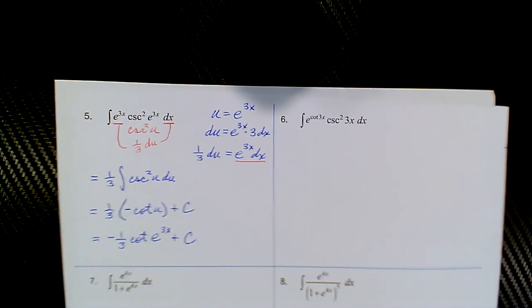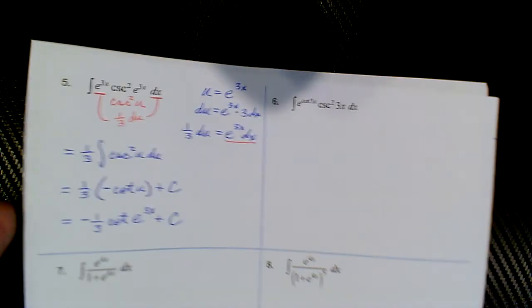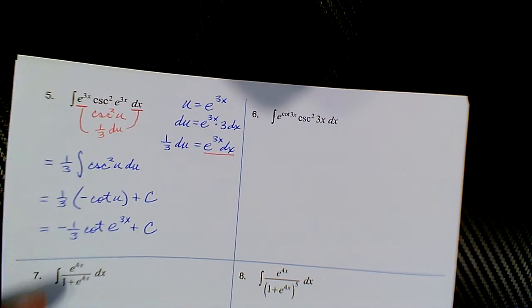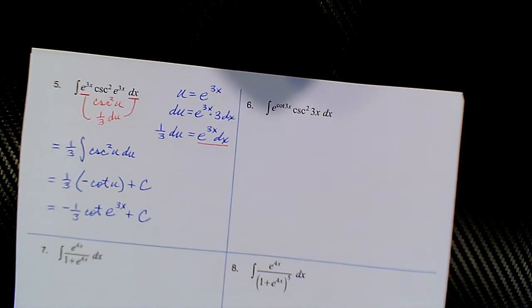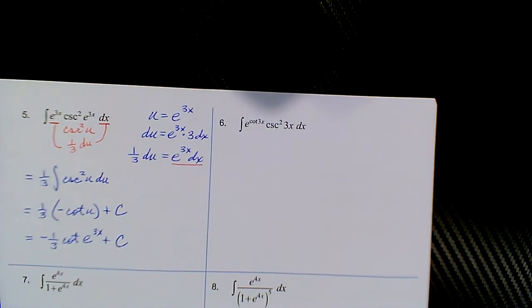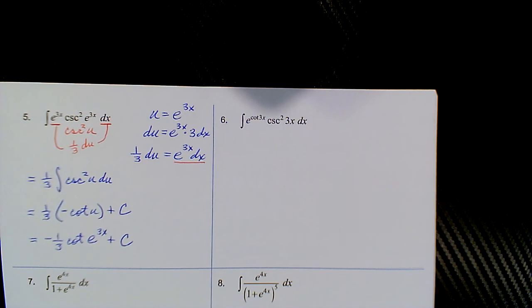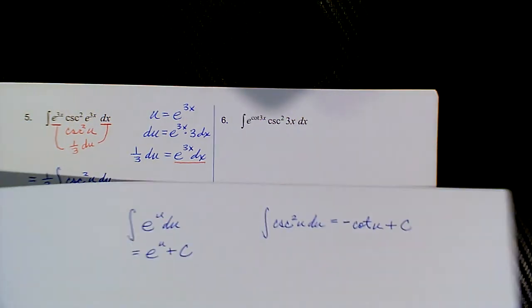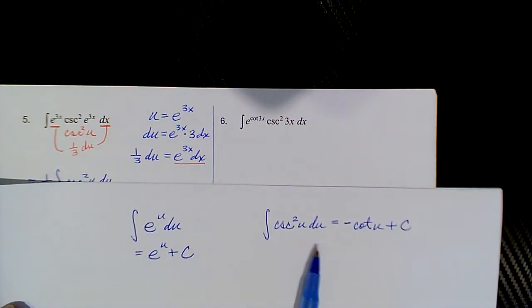Okay, so then for question number 6, again we see a product of exponentials and trigs, and as I mentioned, we don't know which one dominates. It's not like exponentials and algebraics. So we have to try something. And again, the only choices, as we wrote down a few minutes ago, are e to the u and cosecant squared of u.